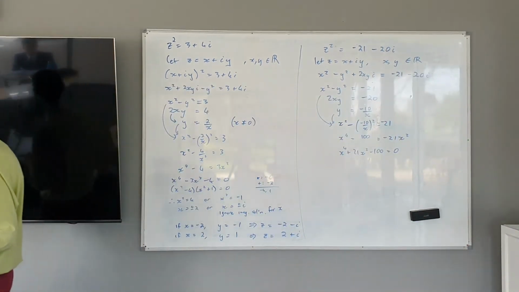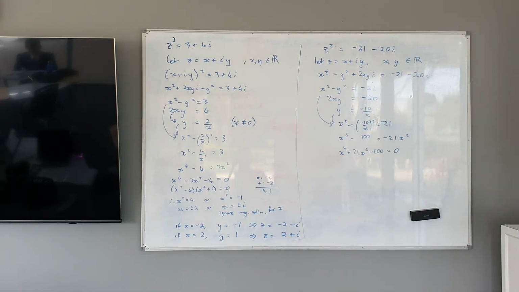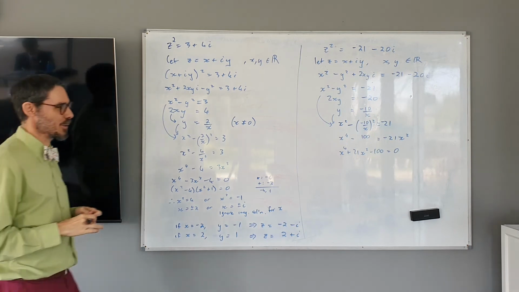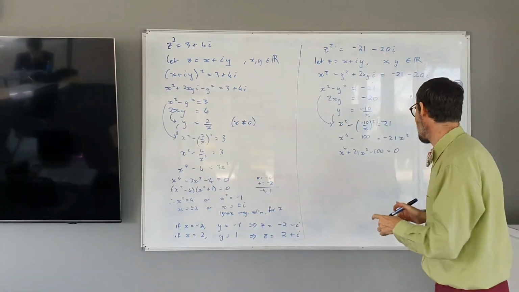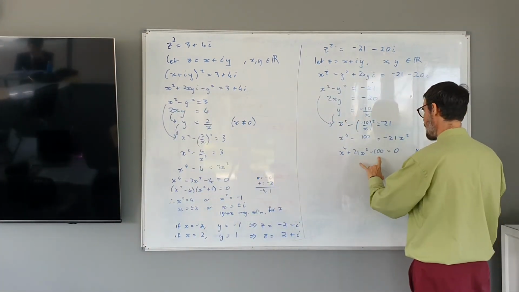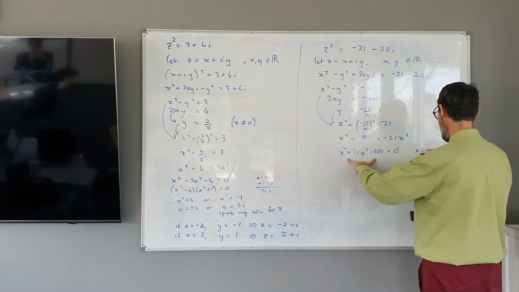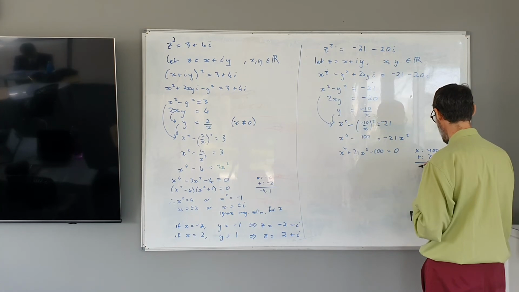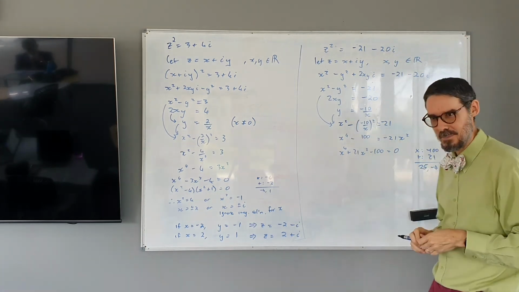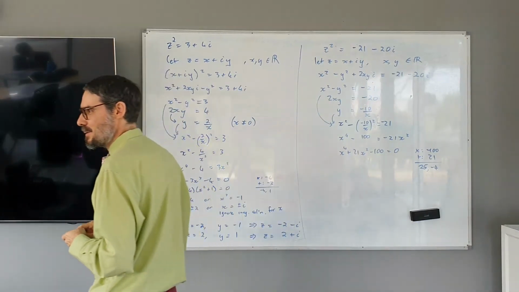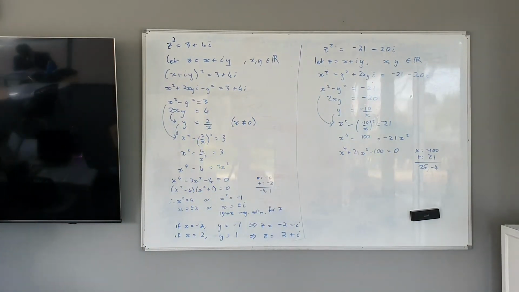Do you agree with my signs? That's a good start. You can use a calculator to solve the quadratic, but can we find good solutions? Multiply to negative 100 and add to 21. I'm going to have 25 and negative 4. Off we go, finish the solution.